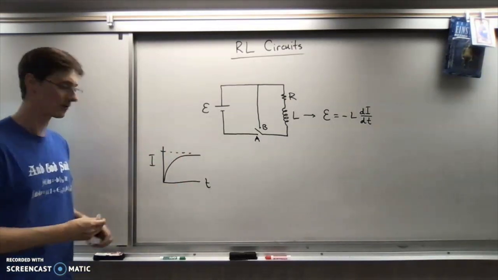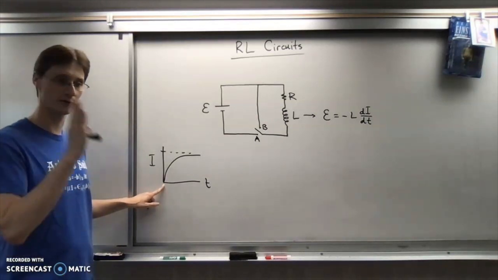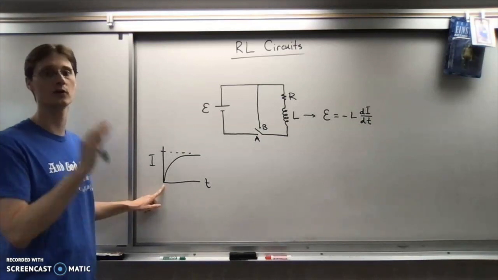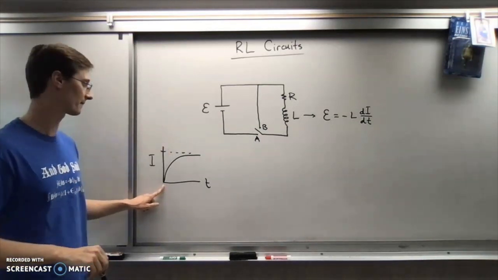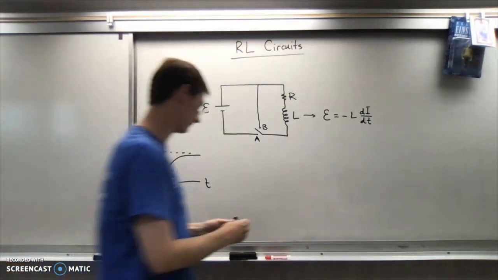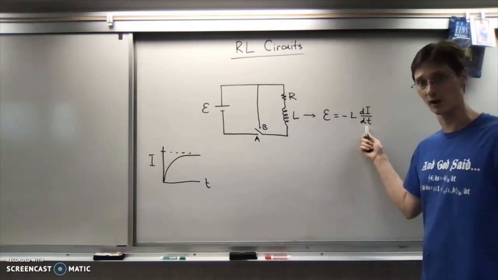All right? So the important idea here then is that initially the inductor prevents any current from flowing at all. It will not let anything pass through it. A long time later, the rate of change in the current is in fact 0, right?